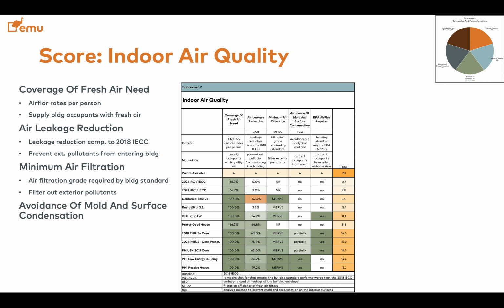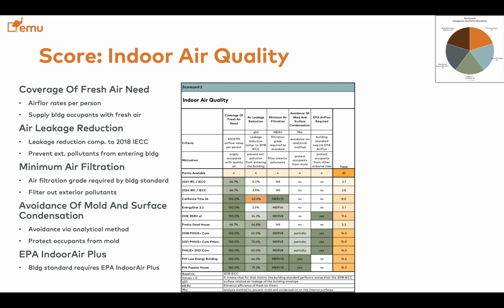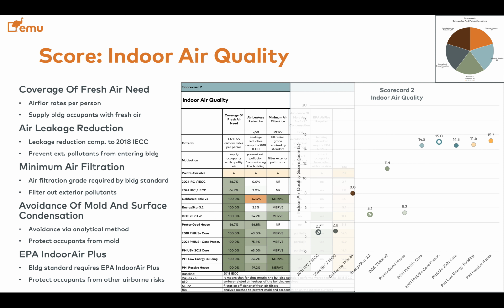And avoidance of mold and condensation, avoidance by design by means of an analytical method, the ISO 13788 or the Canadian CSA A404.2, and then the EPA Indoor airPLUS, it protects occupants from other airborne risks. And this is what it looks like in terms of indoor air quality score overall.